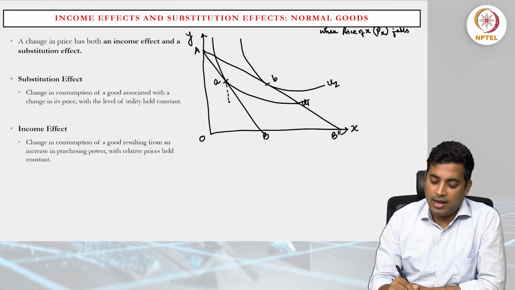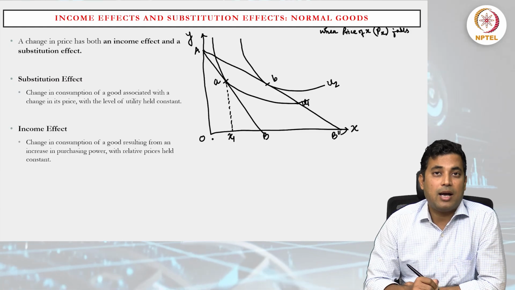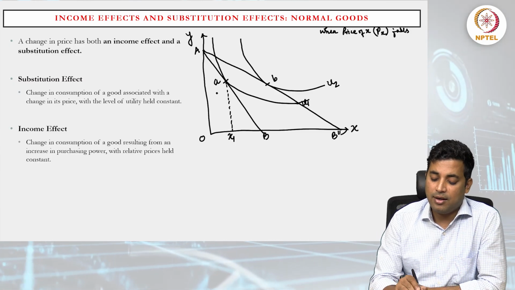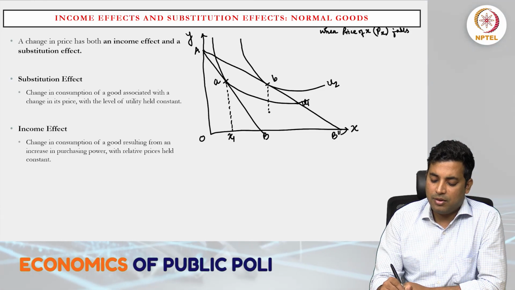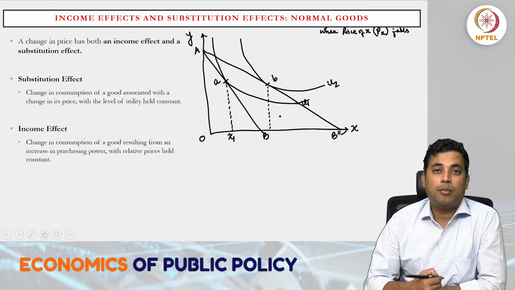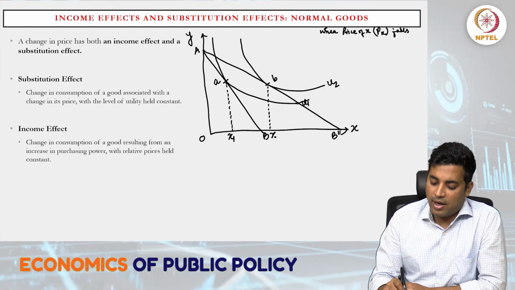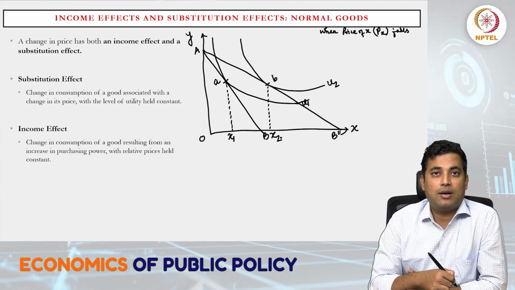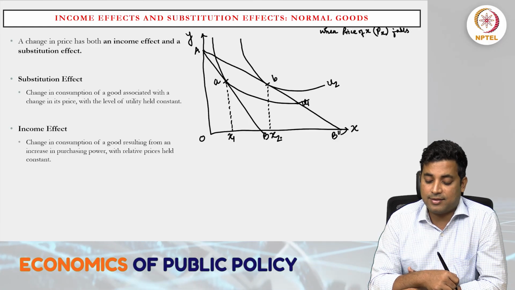At point small a, we have x1 amount of quantity, and when we get the new budget line and new tangent point, say point b, we have x2 amount of quantity of x.